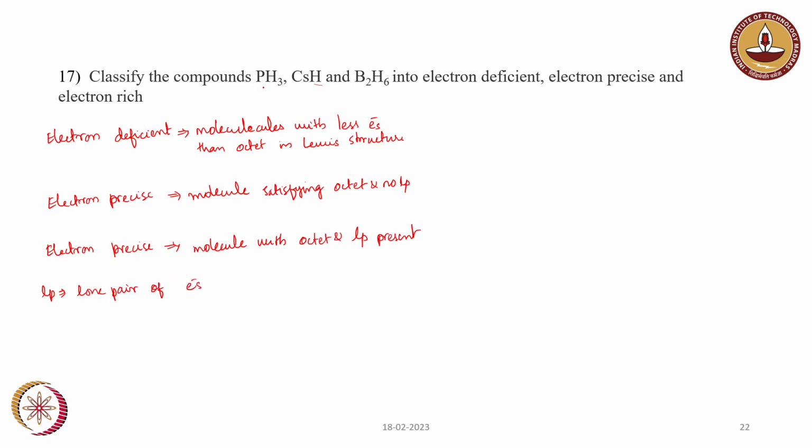So here the first one is PH3. Phosphorus has 5 valence electrons and bonds with hydrogen. So its octet is complete and one lone pair is present. So this one is electron rich.